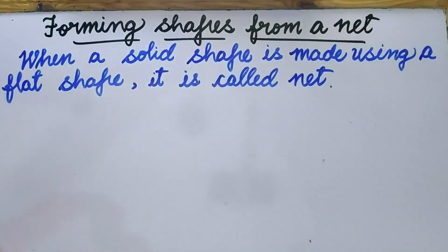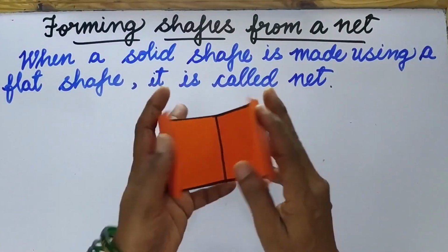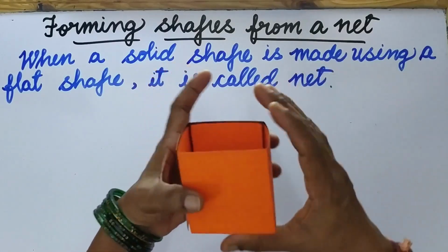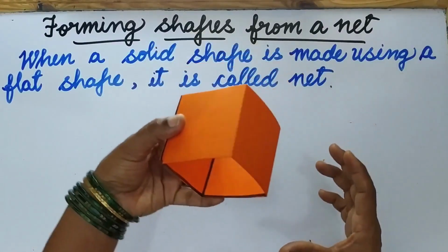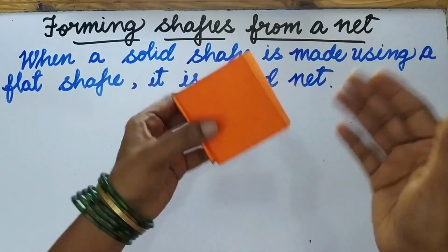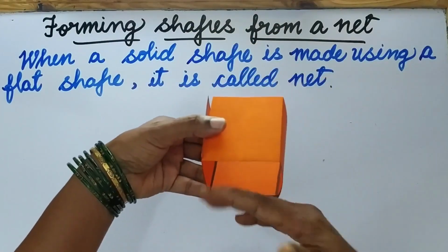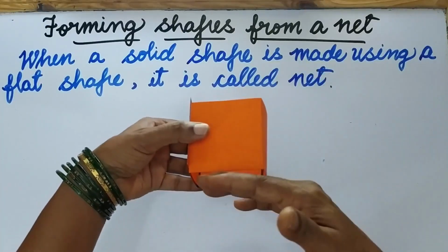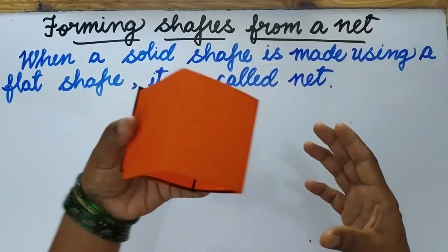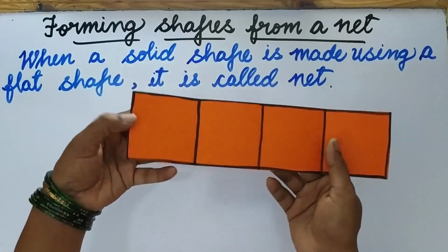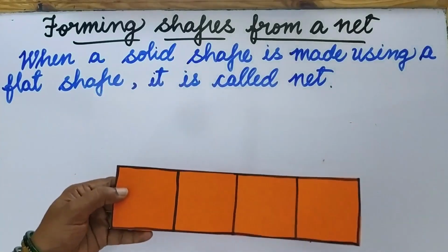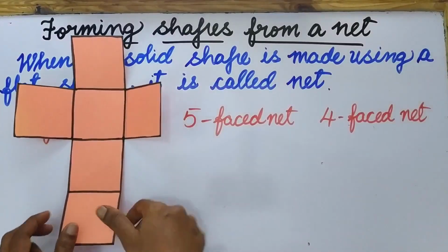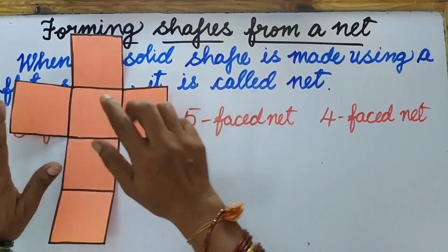In the same way, see here, we can make another cube using a four-face net, but here both sides will be open. Two sides will be open. Only four faces we can find. As you just saw, from a 6-face net we can make a cube.